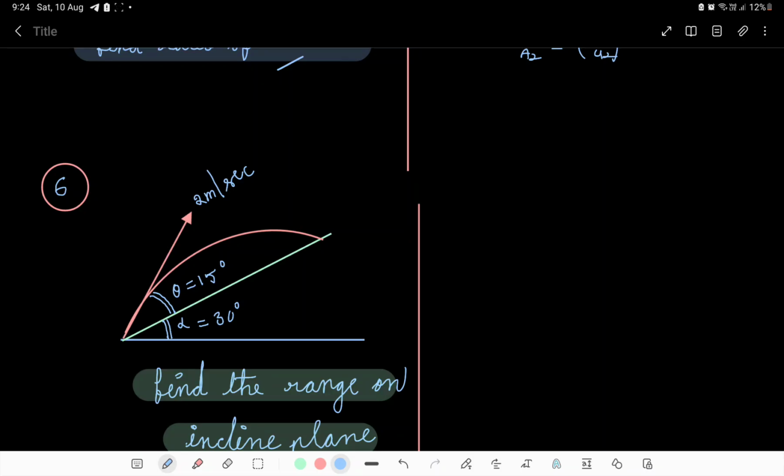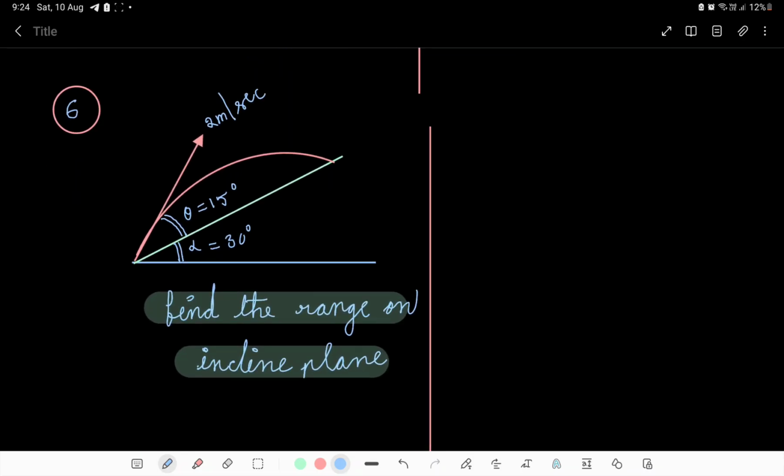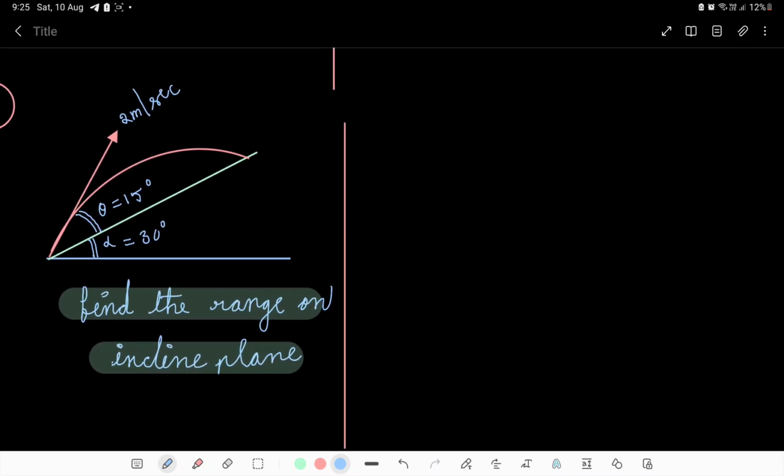Have a look. The velocity of the body is 2 meters per second, making an angle of 15 degrees with the plane, and the plane is making an angle alpha, which is 30 degrees, with the horizontal. So we have to find the range on the inclined plane. In this case, you know the range formula, right?